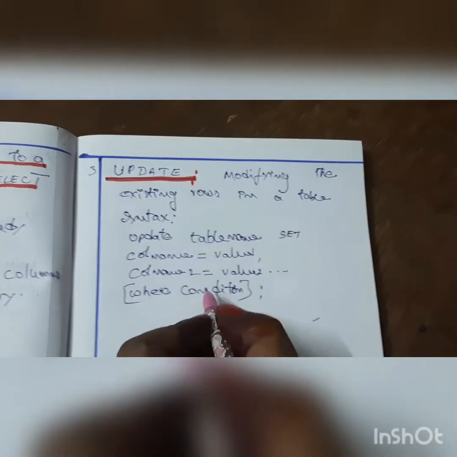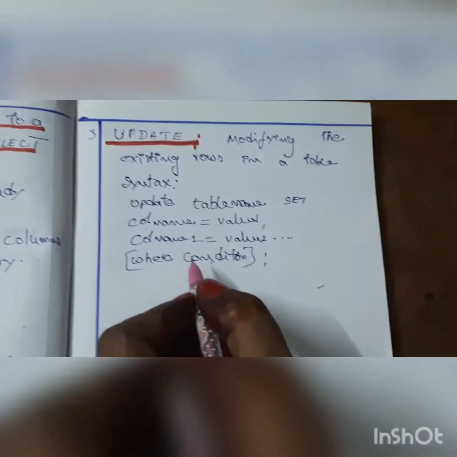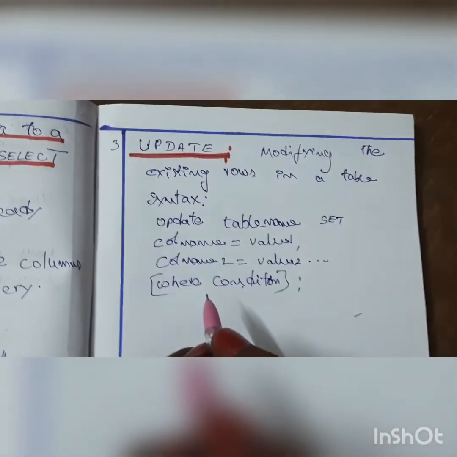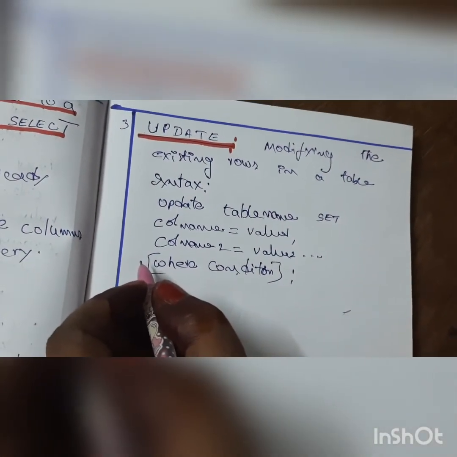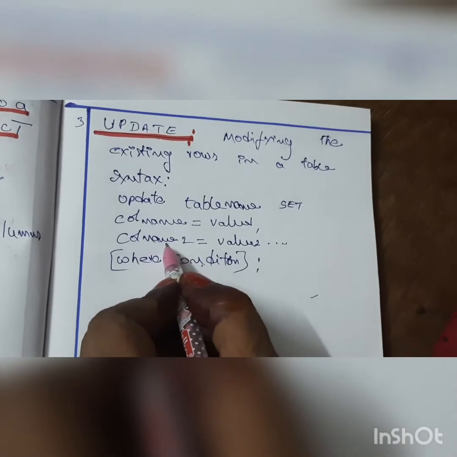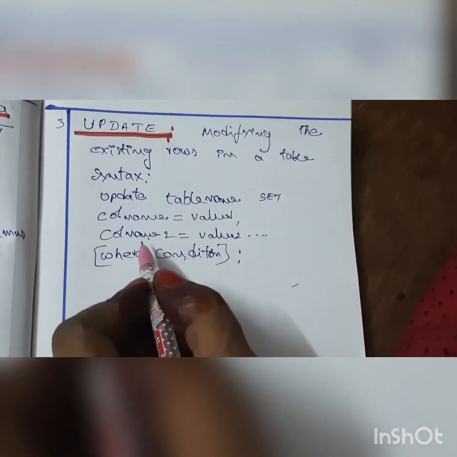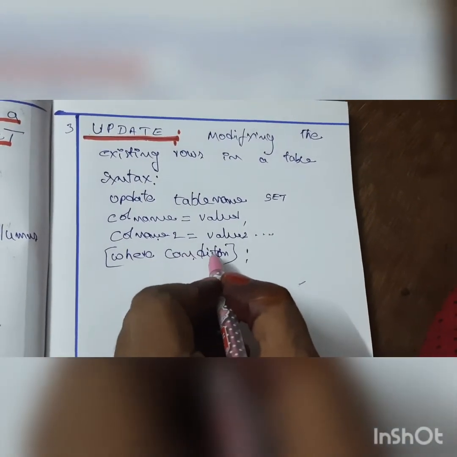In the syntax, table name means the table which has to be updated. Column 1, column 2 means the columns that get changed. Value 1, value 2 are the new values.